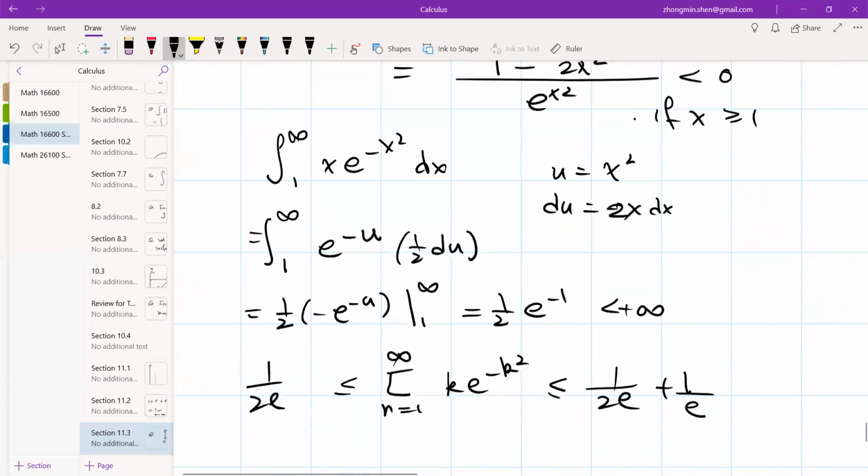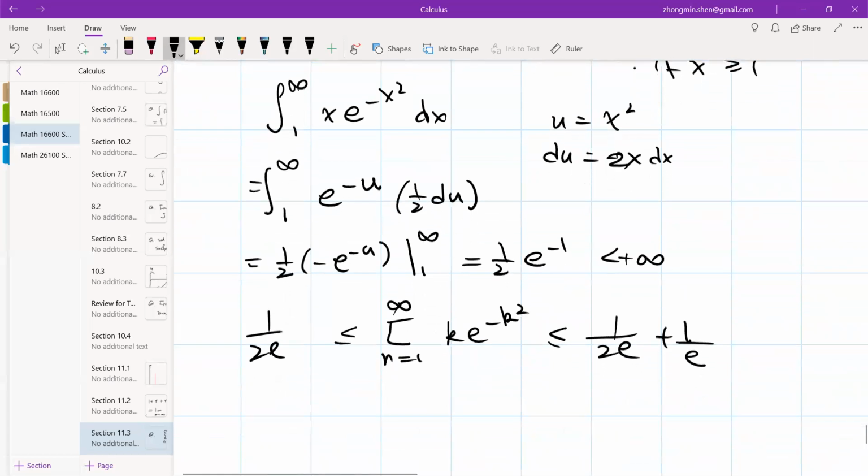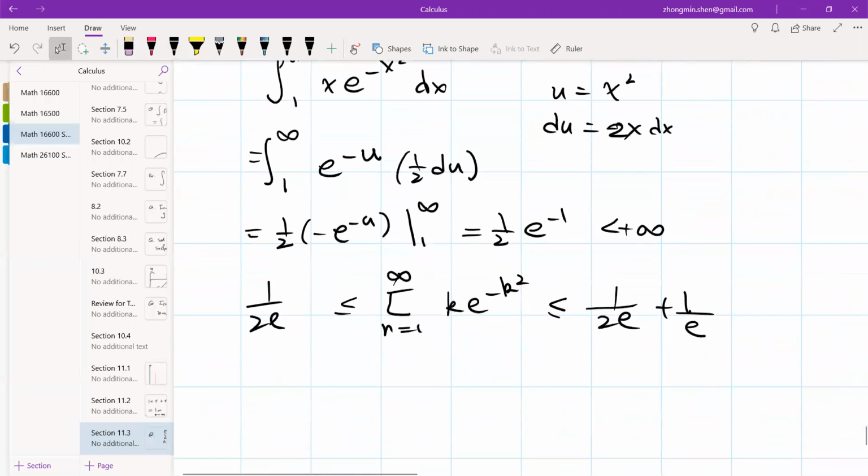Okay, so it's a very nice estimate. So it's between 1/2e and 1/2e plus 1/e, those two numbers. It's very close to 1 over 2e.